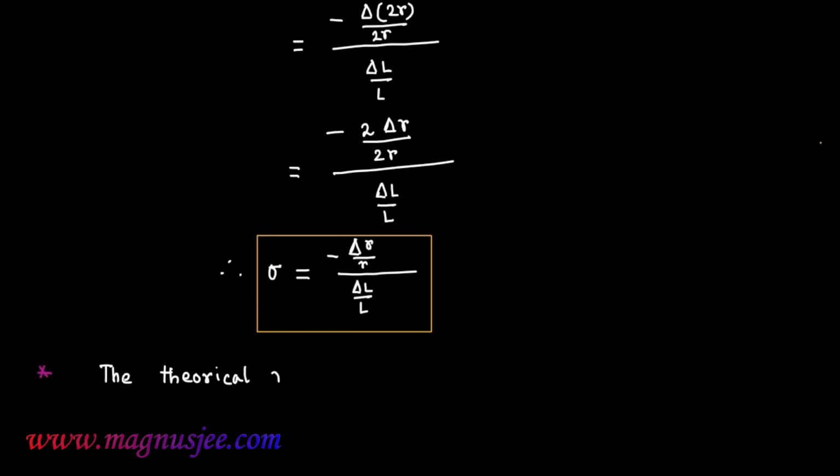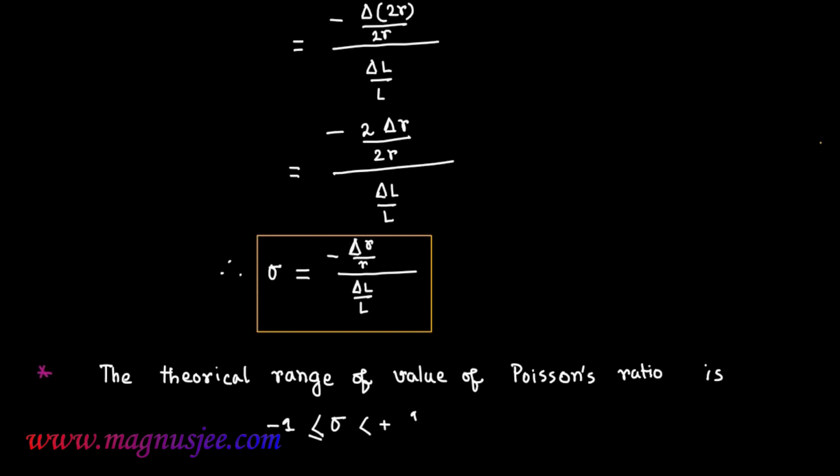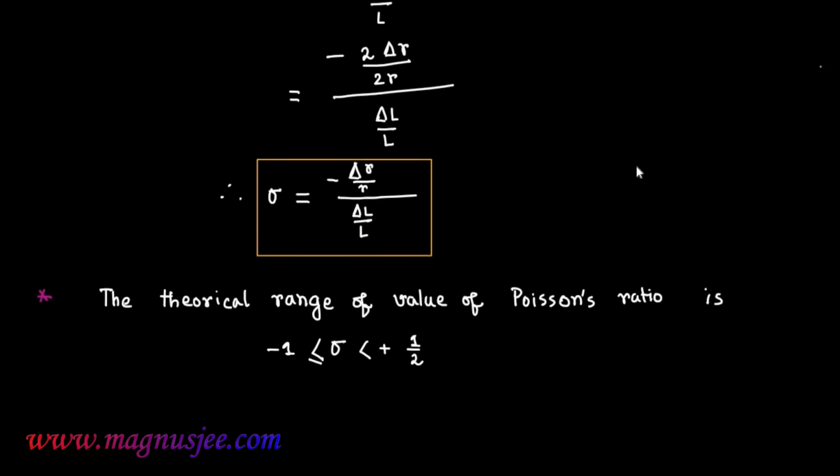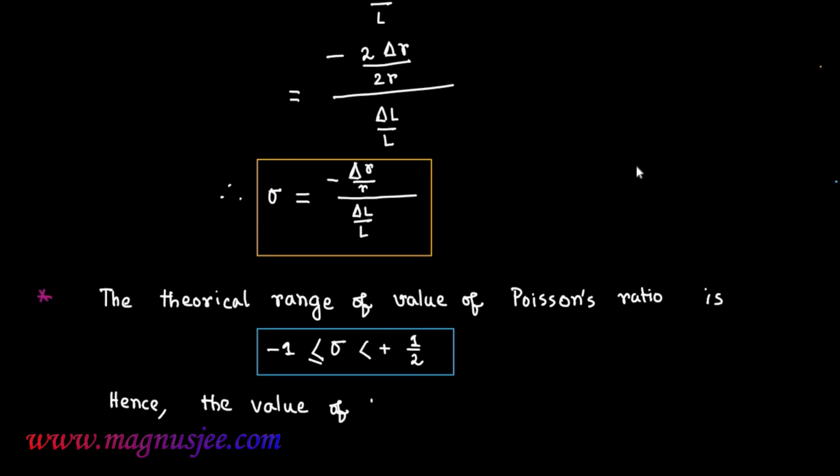The theoretical range of value of Poisson's ratio is given by minus 1 less than or equal to sigma less than or equal to plus half.